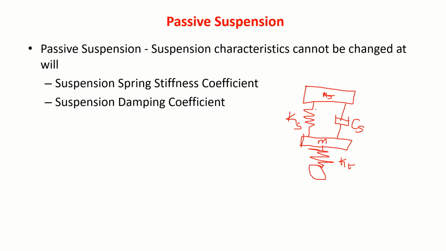So when we design the suspension system, of course we take many factors into considerations. One of the main factors that we take into consideration is the natural frequency of the sprung mass. It is given by 1 by 2 pi, root of Ks, suspension stiffness, divided by sprung mass.